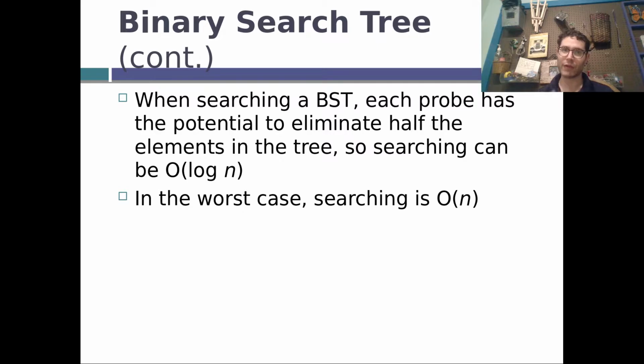This is the same algorithm that we use for binary search. So we have eliminated half our search space at each step, so it's going to be a log n lookup. In the worst case, searching is O of n.